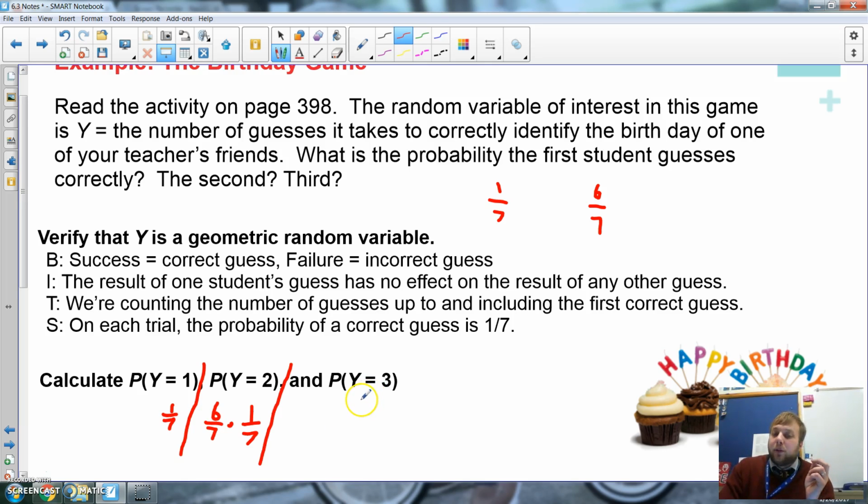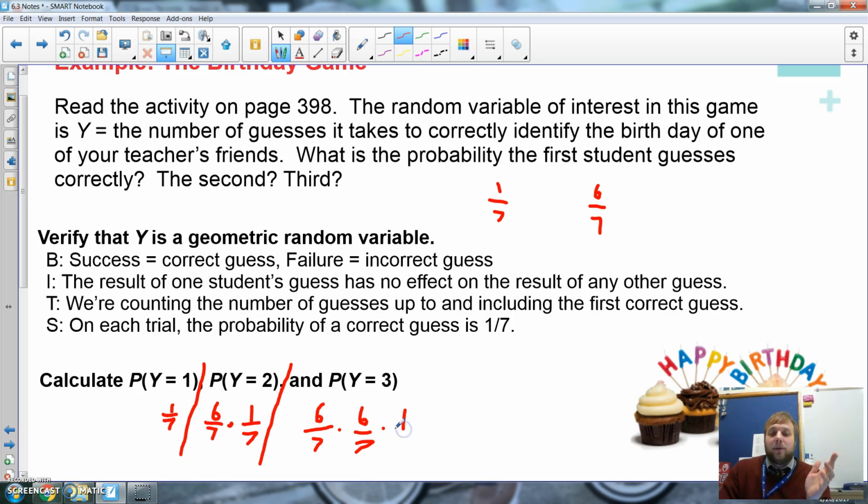What's the probability of getting it correct on the 3rd time? Well, that means I would have to have the first 2 fail. So like if I had Maddie and Audrey guess first, I'd have 2 failures. And then on the 3rd time, I say, all right, Chloe, what's this?